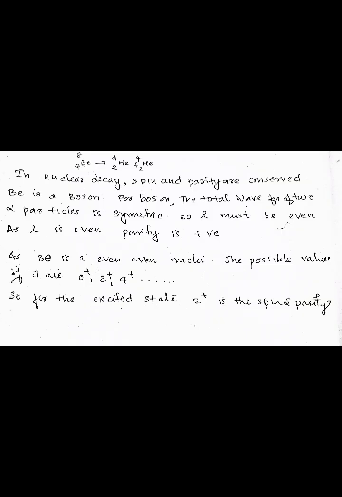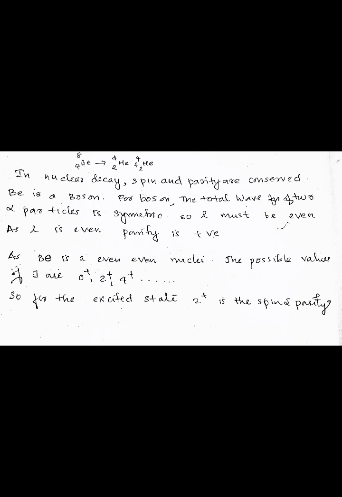So here we know beryllium is a boson. So for a boson the wave function is symmetric. So here the boson beryllium is converted to alpha particles, so the total wave function of the alpha particles is also symmetric.